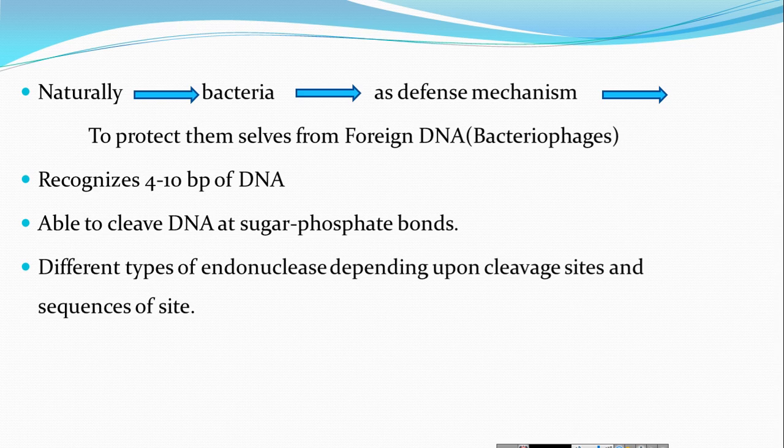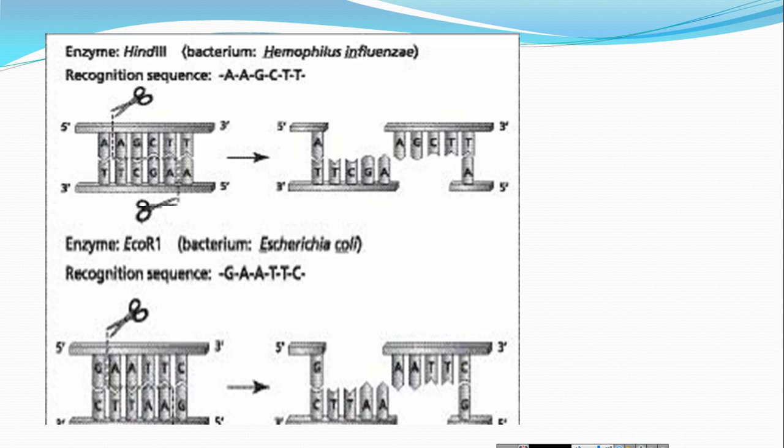Depending upon the site of cleavage, there are different types of restriction endonucleases. We'll see one example from the restriction endonucleases. Here the enzyme is HindIII, named after the bacterium Haemophilus influenzae. It is derived from Haemophilus influenzae.